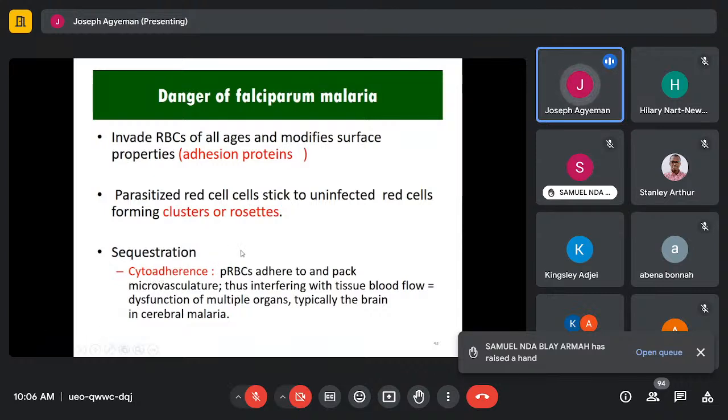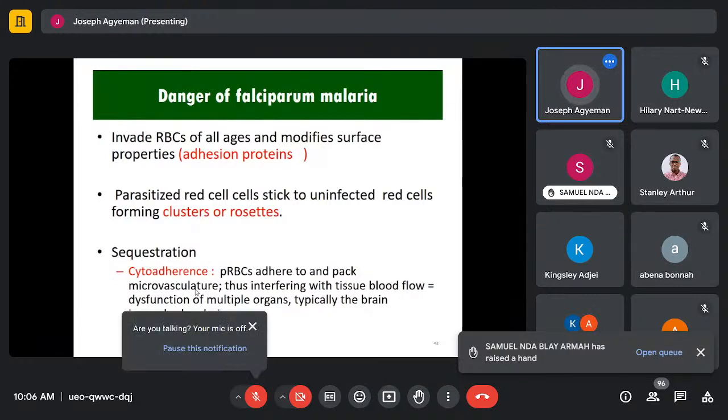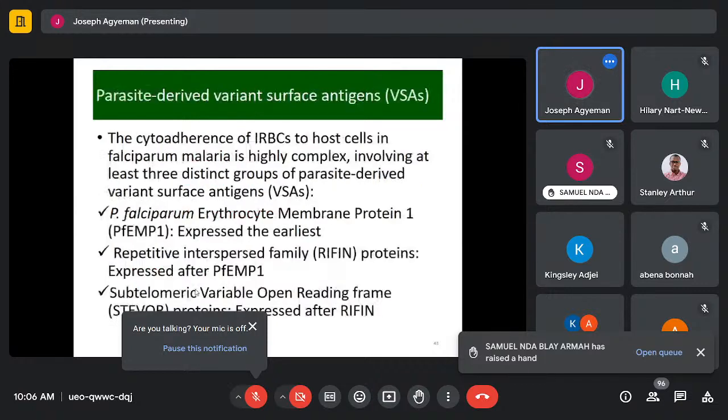And be it rosette or cytoadhesion, you could have blockade of blood vessels, especially the small blood vessels, which obviously will block them and minimize blood flow. If this happens in children, especially, and it minimizes the flow of blood to the brain, that is what results in cerebral malaria that comes with high fever and convulsions.